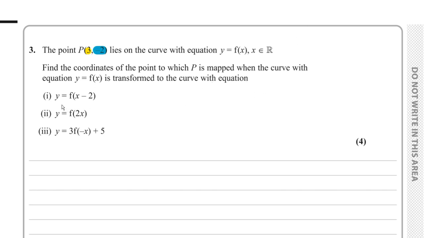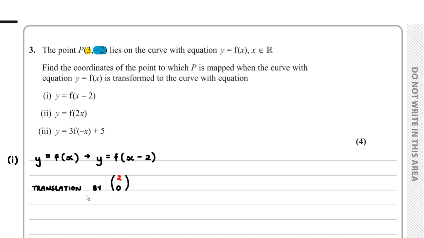For the first part of question 3, y equals f of x subtract 2. So, going from y equals f of x to y equals f of x subtract 2, we have a translation by vector (2, 0).